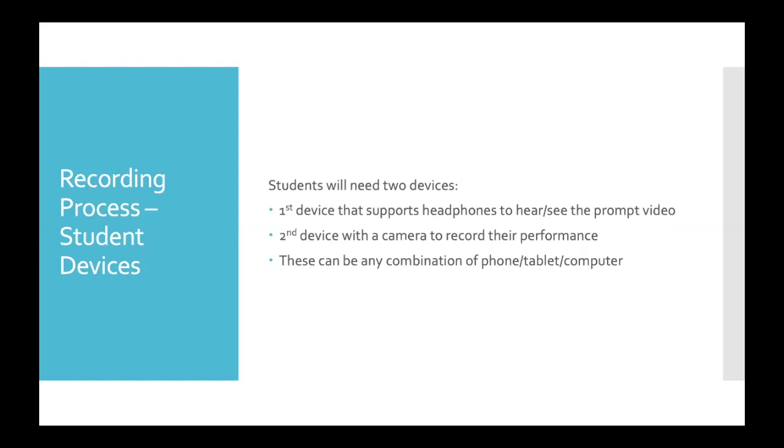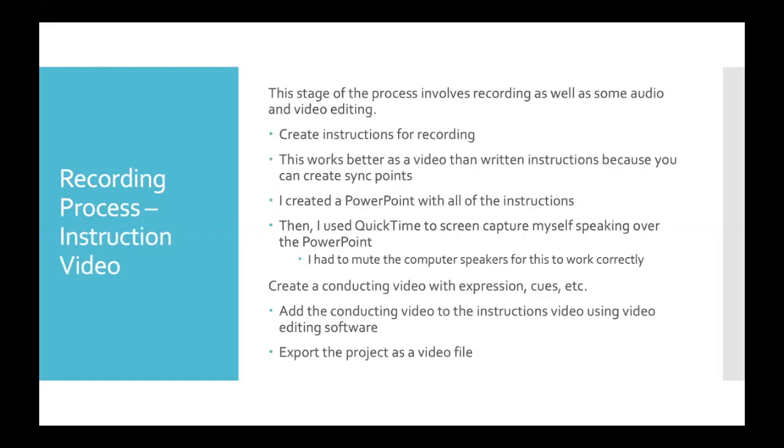It can be any combination of phone, tablet, computer. You can use 2 phones, you can use a phone and a computer. It doesn't matter as long as one has a camera and one supports headphones. It is possible to do it with a single device, but only in certain circumstances and only with certain devices. So with my students, I just tell them you need 2 devices.